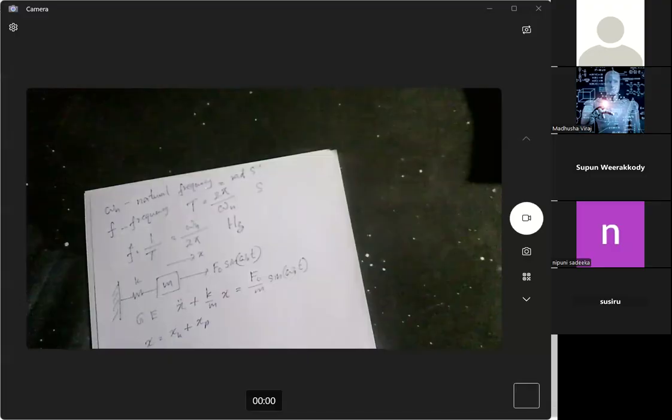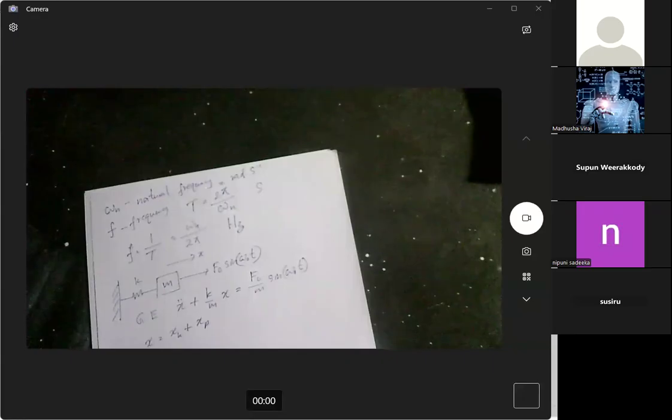Sine term is there, right? And when you look at the forcing function, it is also a periodic function. So we can safely assume that whatever the particular integral is, it should be a periodic function, right?